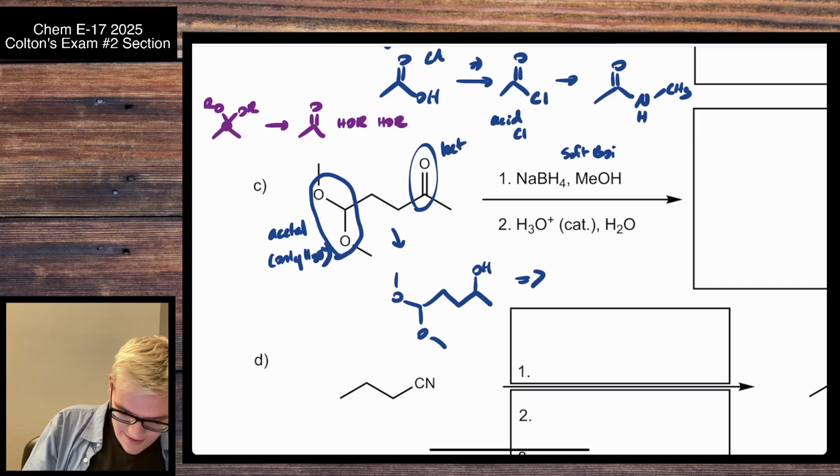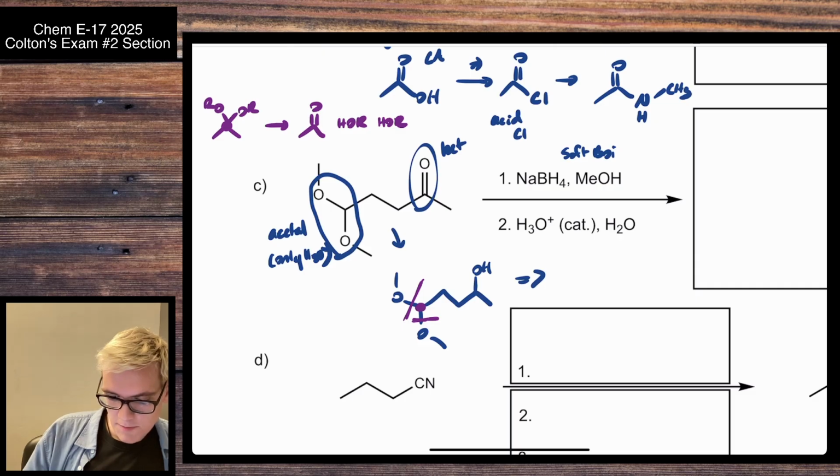So over here, I'm finding my carbon that's connected to both OR groups. Then I'm going to cut both of these bonds and replace it instead with a carbonyl.